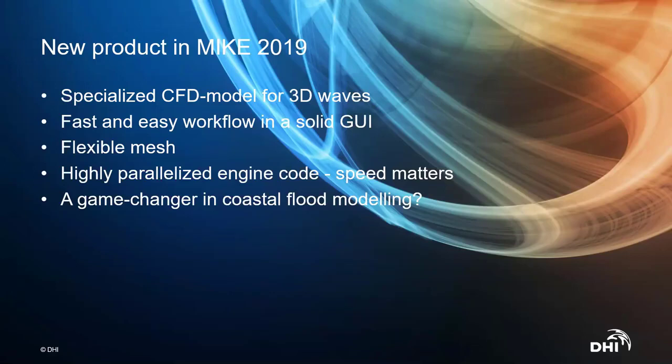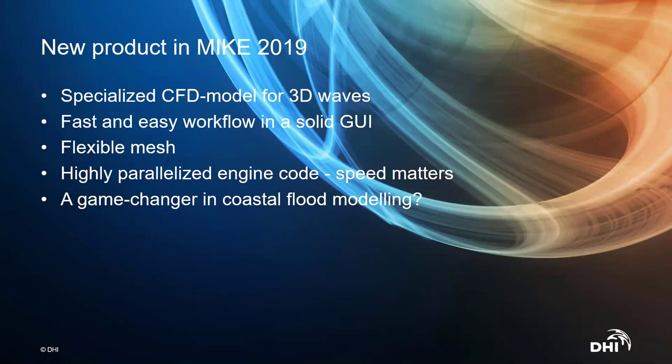It has an easy and user-friendly guided user interface where you can quickly set up models, which allows you to error check your setups on the way. The model has been implemented with a flexible mesh discretization, allowing complex geometrical and bathymetrical features to be represented accurately.